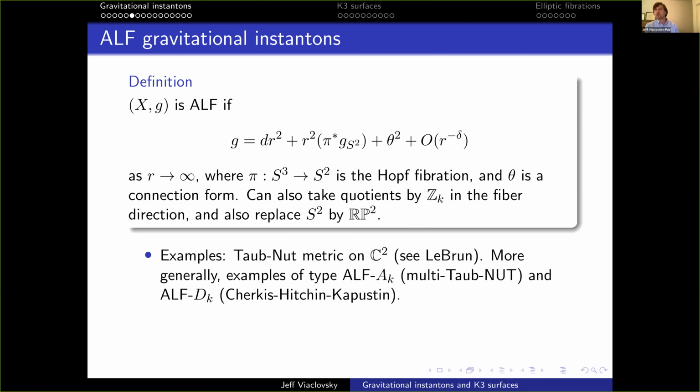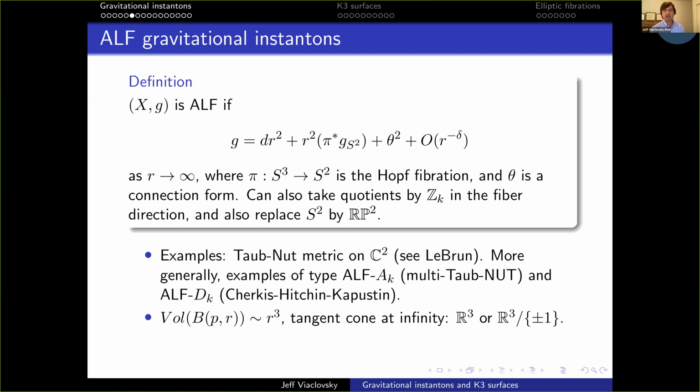More generally, there are examples of type ALF AK, when you allow that Zk quotient in the fiber, so the cross section is a lens space. These are known as multi-Taub-NUT metrics. And there are ALF DK examples, when you have RP2 on the base. These were due to Cherkis, Hitchin, and Kapustin.